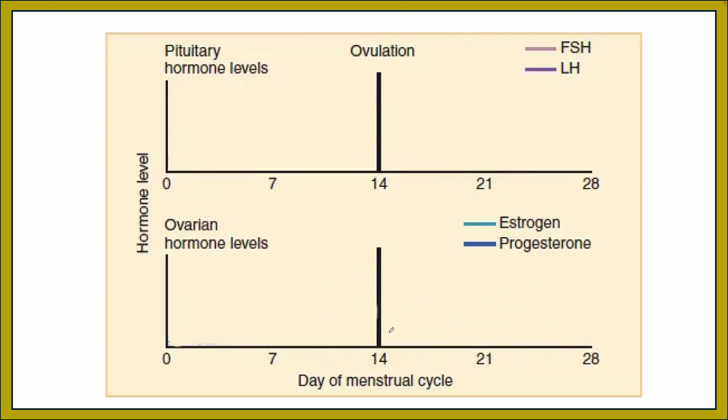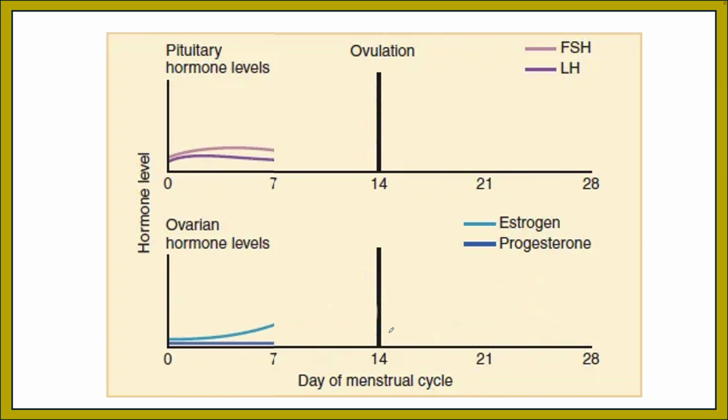All right, so let's look at what's going on in the ovulation phase, so we're looking at what's happening to the estrogen, the follicle stimulating hormone, the luteinizing hormone, and progesterone during the cycle. So the pituitary hormones are going to start low for the first week.